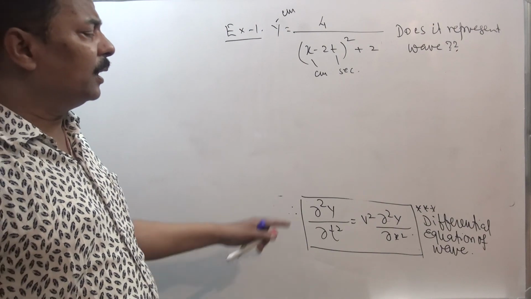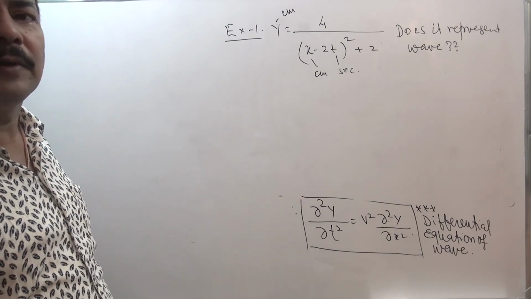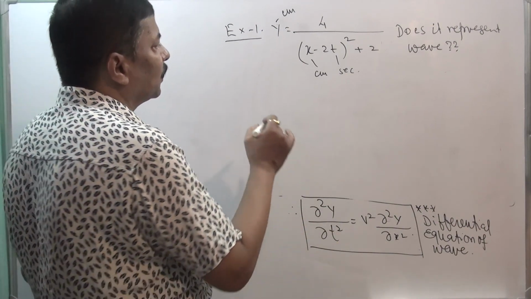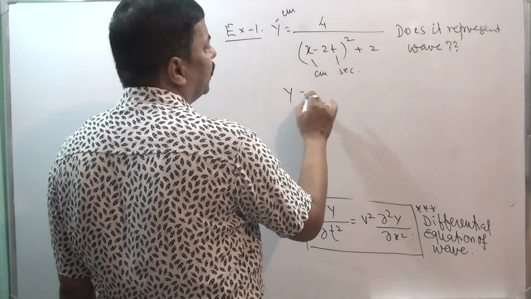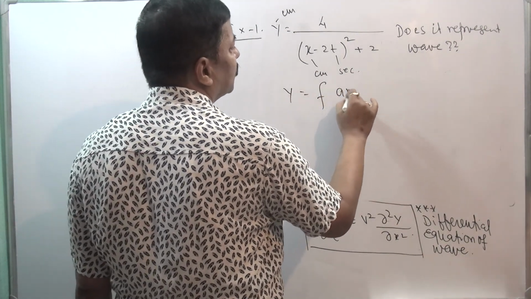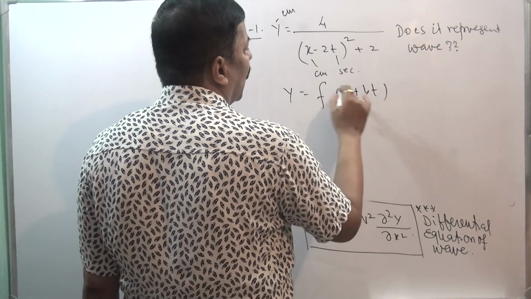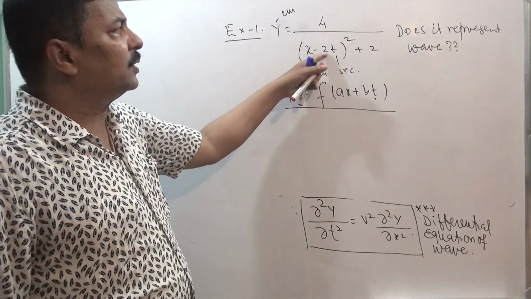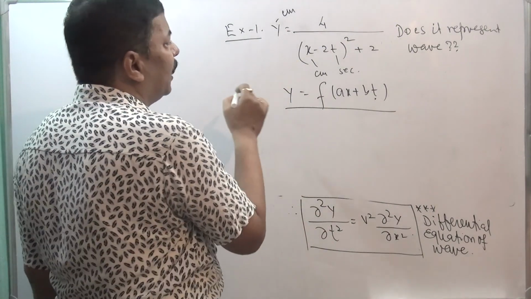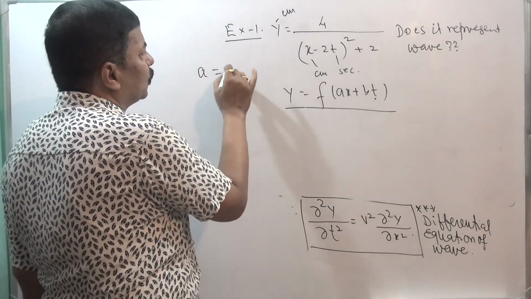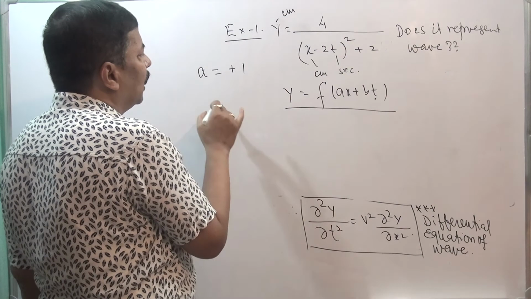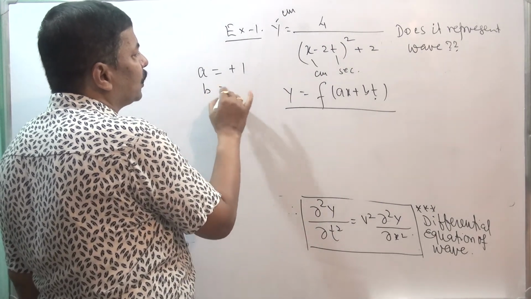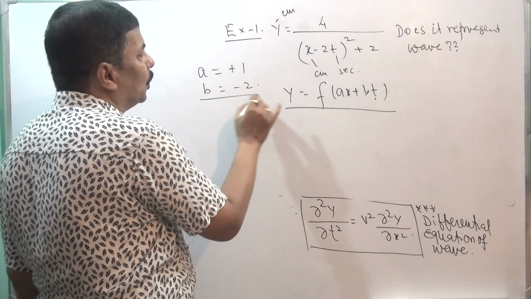Now, in the differential form of equation, I have told you that y should be a function of ax plus bt, and here it is of this form, ax plus bt. Here a is equals to plus 1 and b is equals to minus 2.